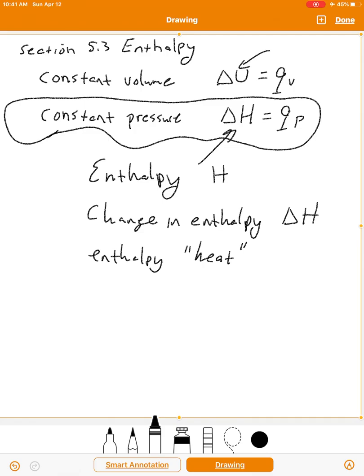Now, one reason that we use enthalpy, aside from its simplicity here, is that enthalpy, just like internal energy, are state functions. Remember we talked about that in the earlier section, 5.2, I think it was, the previous section. These are state functions, just like temperature and pressure and volume. These are also state functions.